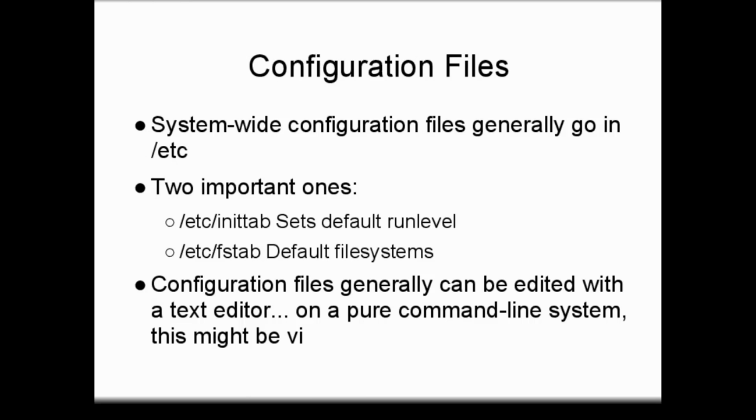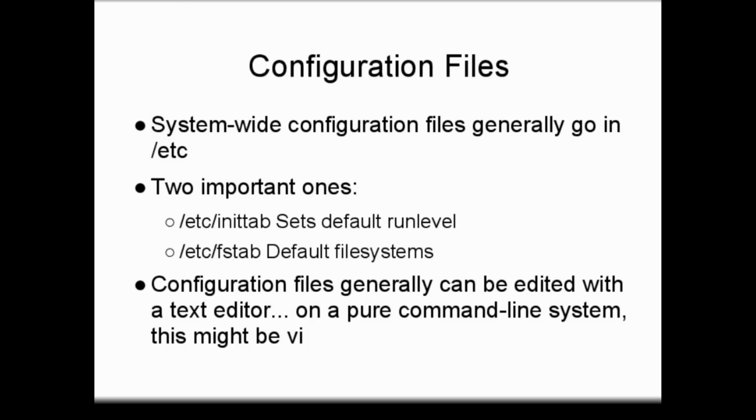Now, as mentioned a moment ago, system-wide configuration files generally go in /etc. Two important examples of files in /etc include /etc/inittab, which sets the default run level, or whether the system is going to boot into text mode or graphical mode, and /etc/fstab, which contains the file system table, indicating to the kernel where to find different file systems that need to be mounted at boot time.